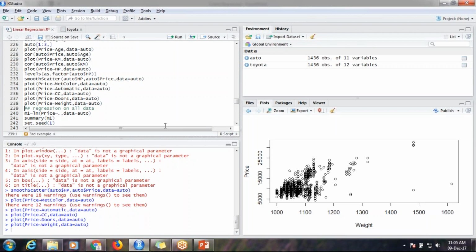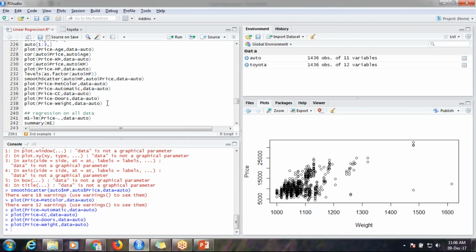And weight. With weight, a simple understanding is that the size of the car will be quite high, and when the car is quite spacious, the price is expected to go high as well. So here it could be possible that I could see some trend.